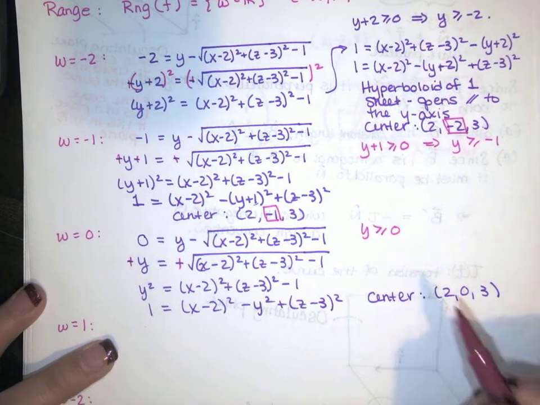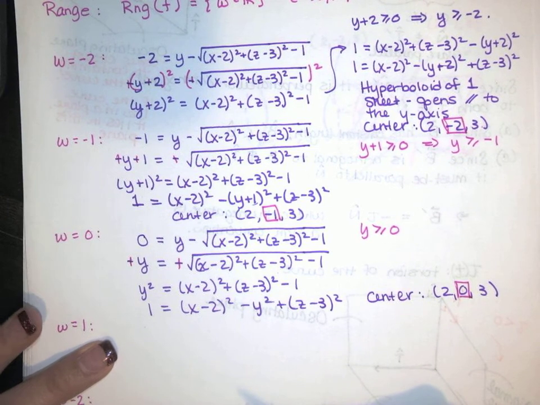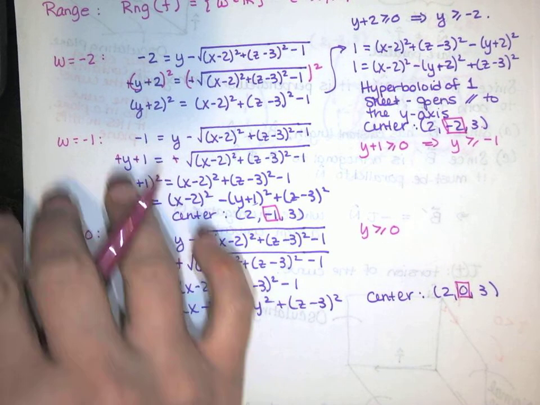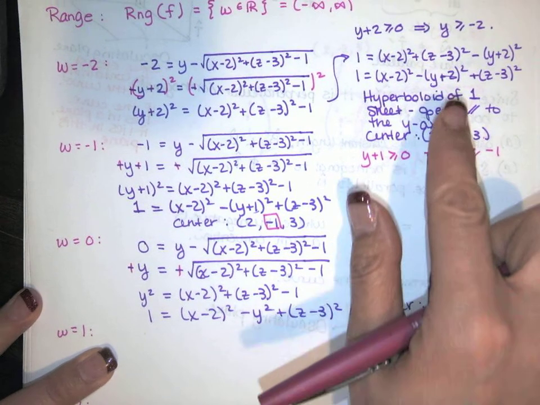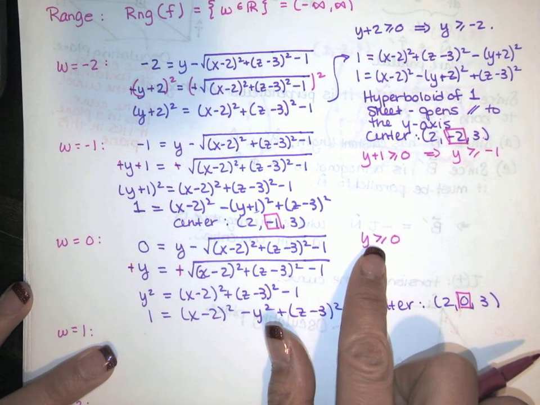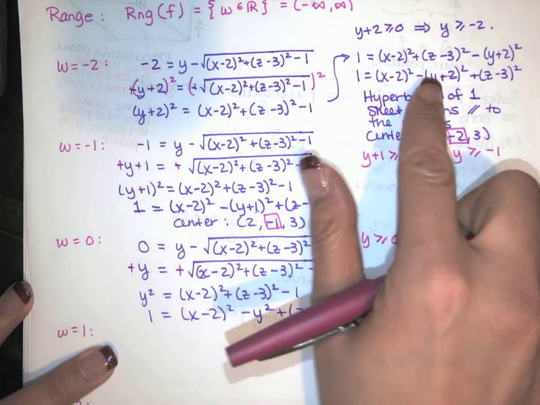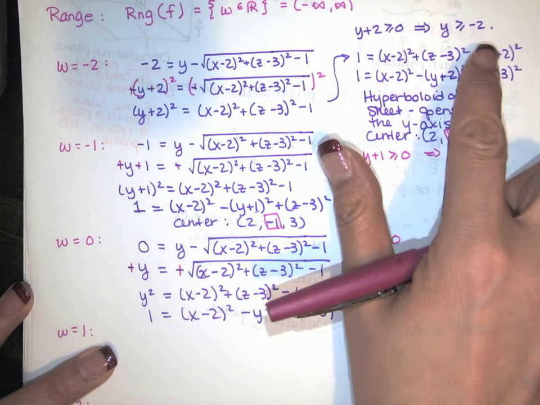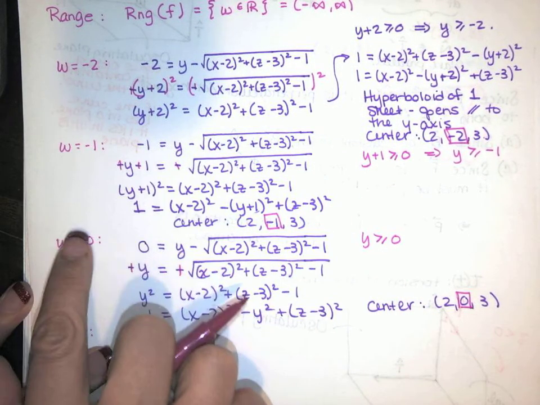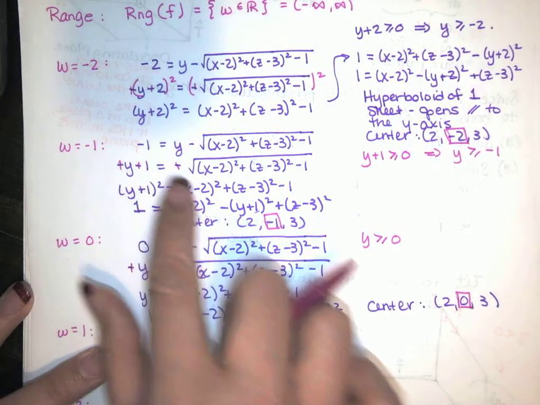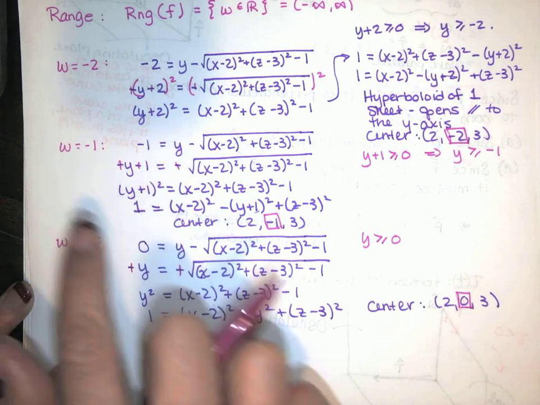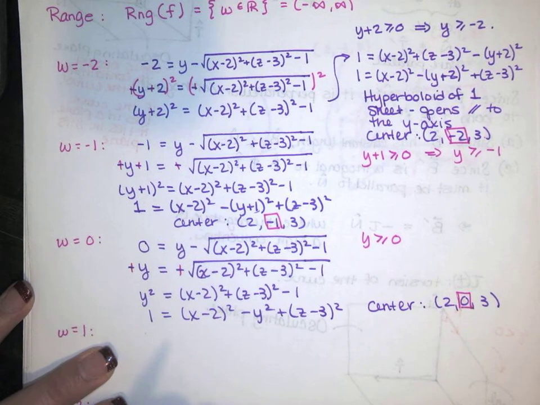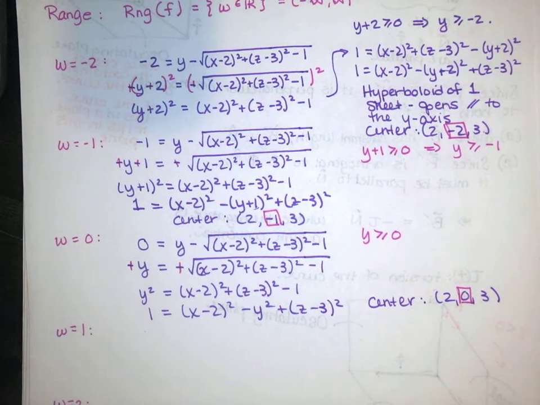When w was 0, the y coordinate of the center is 0. I think what's happening is that as w changes, we're changing that y coordinate of the center. And we're also moving where this is defined. It looks like this is always defined for y greater than negative 2, negative 1, 0. Those are the w values, so y is greater than or equal to w. So this one, let's sketch it in a different color.